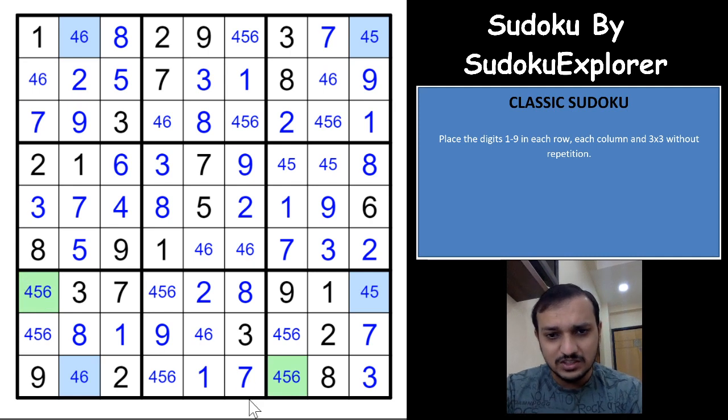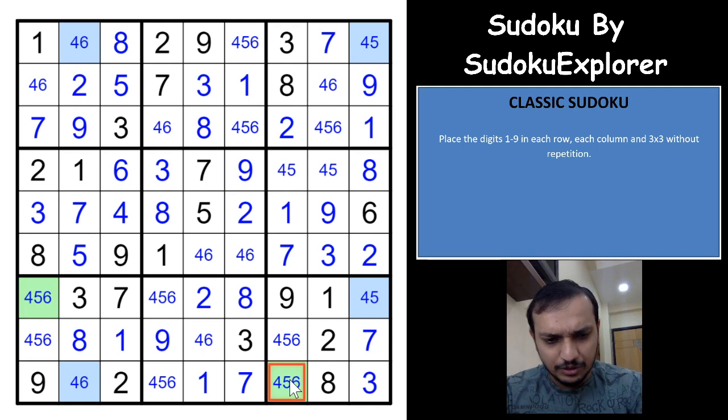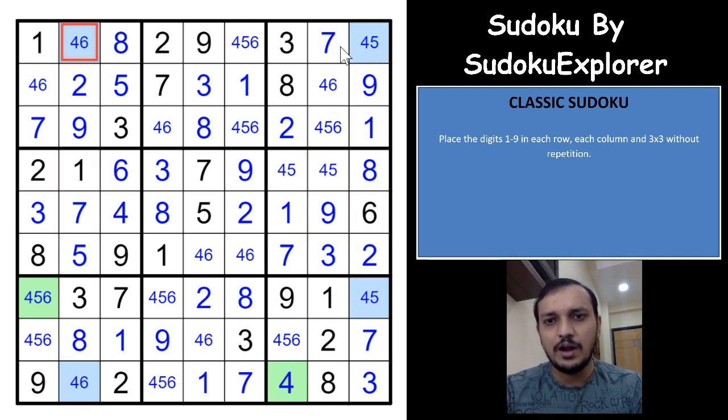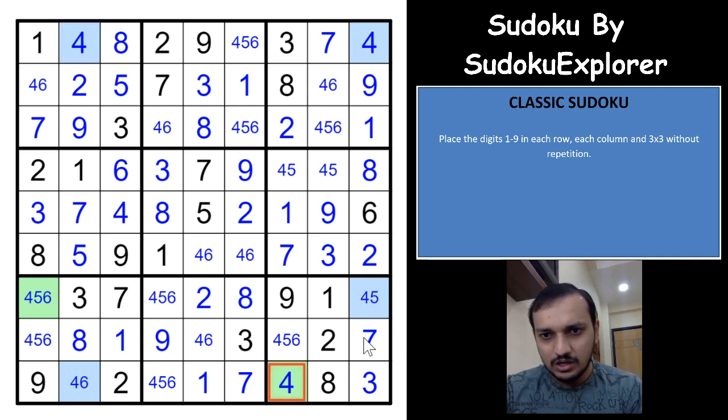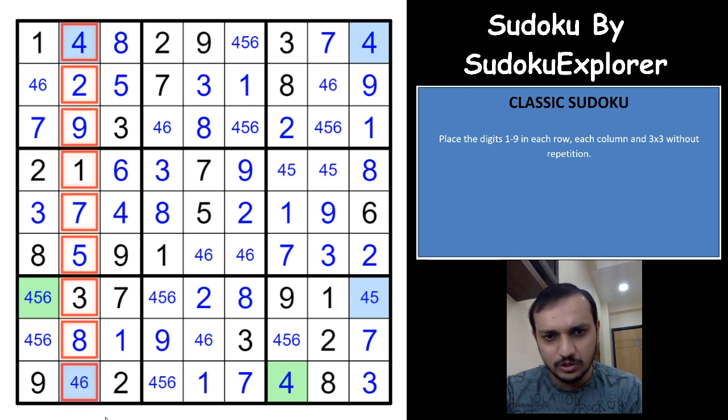So both of these cells cannot have the digit 4. What happens if you have a 4 here? The moment you have a 4 here, in both of these columns, 4 will have to be in row 1. This also would have to be 4, this also would have to be 4. Because for this row, 4 cannot be here, and for this row, 4 cannot be here.